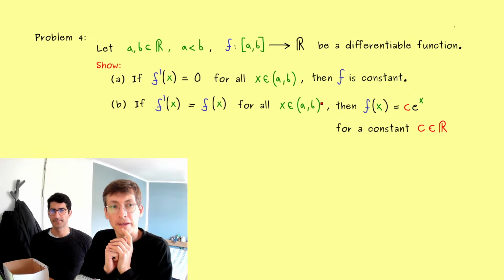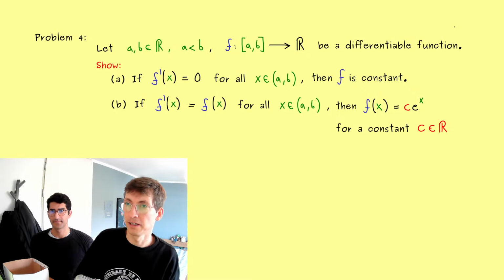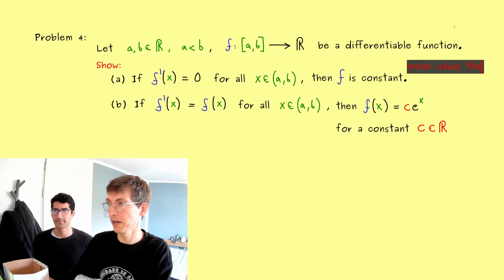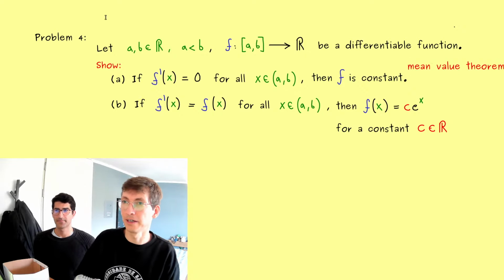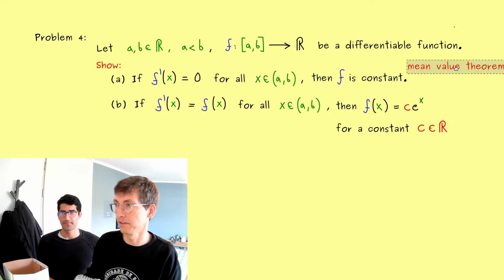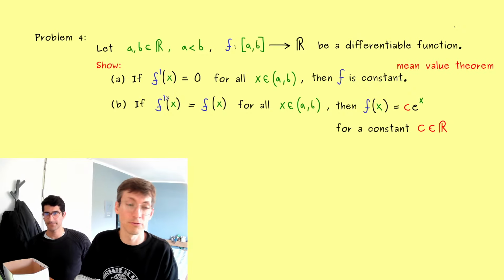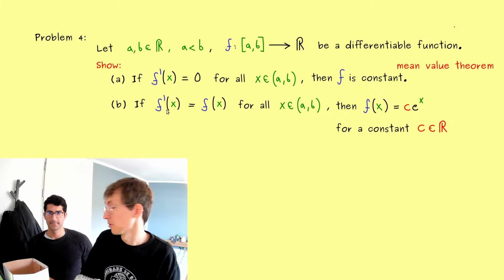Now, this is using the mean value theorem. And I already have done that in some videos, so maybe I skip that part. Apply the mean value theorem, and then you see, actually that's correct. This has to be a constant function. There's no other possibility if the derivative vanishes. And maybe also not so surprising.